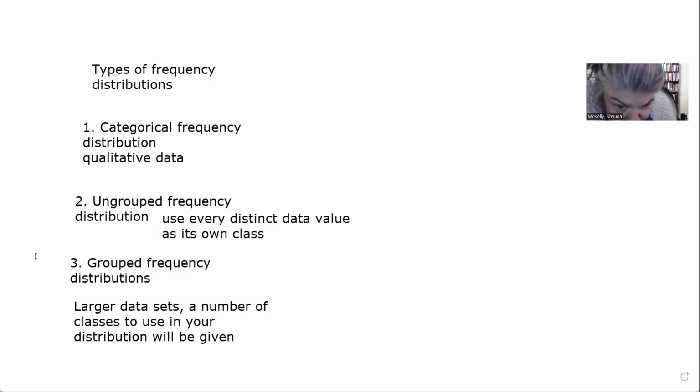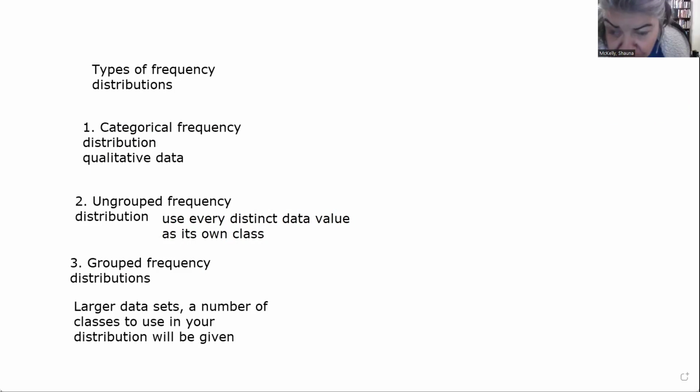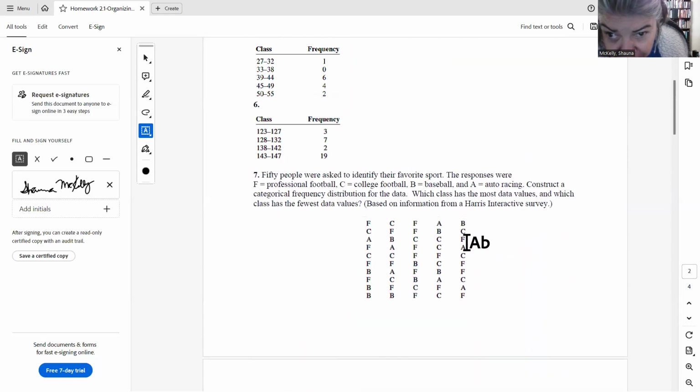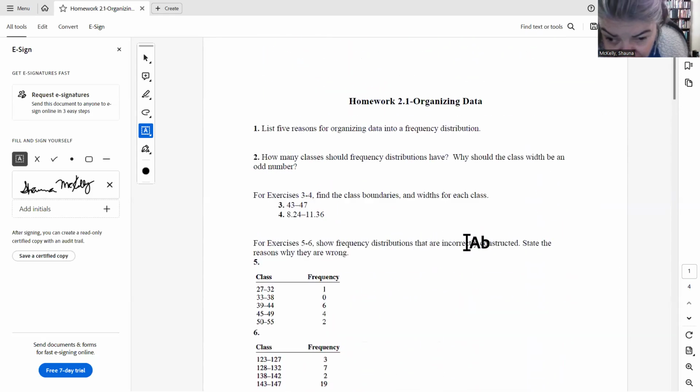Now, what I wanted to also show you was I'm going to come to the homework assignment here and show you something with that. If you look at the homework assignment, there's only 12 problems, but they get a little bit longer after like number 7.